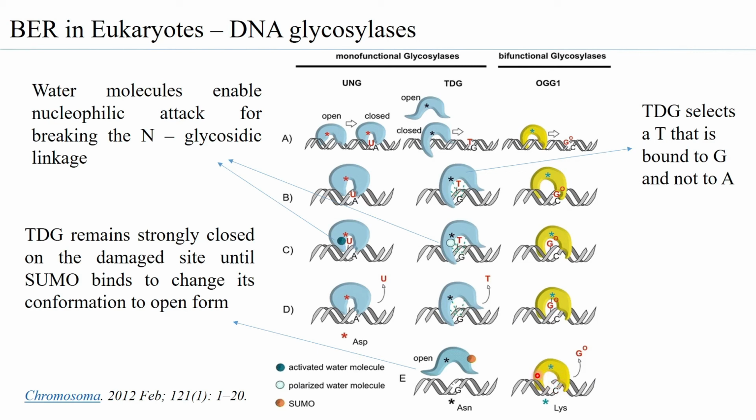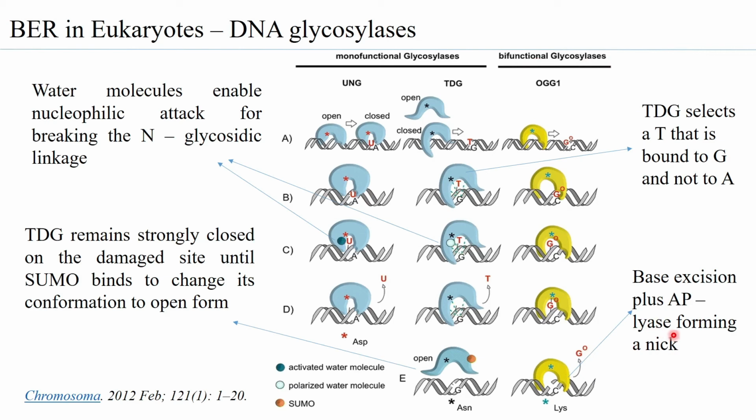In case of the OGG1 also, to remove it, a modification has to be done in its conformation so that it releases from the abasic site. So this is something that is extremely important, that any bifunctional glycosylase apart from its glycosylase activity also has a lyase activity present.